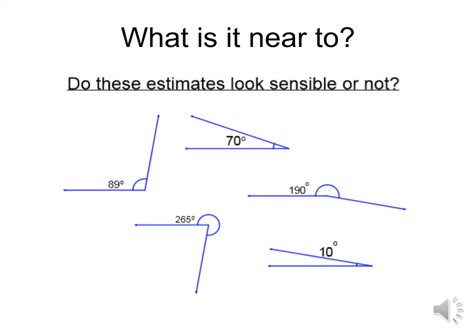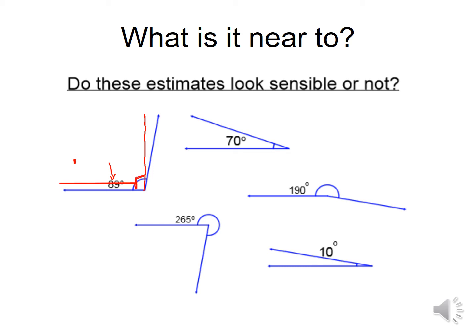So let's have a look at some and see if these seem like sensible guesses. This one, we've already been given the guess, we just need to see if it looks sensible. Okay, so we'll start over here. We've got 89 as a guess for this. At first glance, that seems reasonable enough because we know that 90 looks like this, and we can see that it's quite close to that.